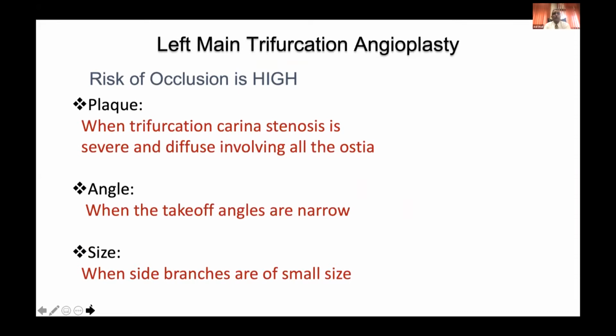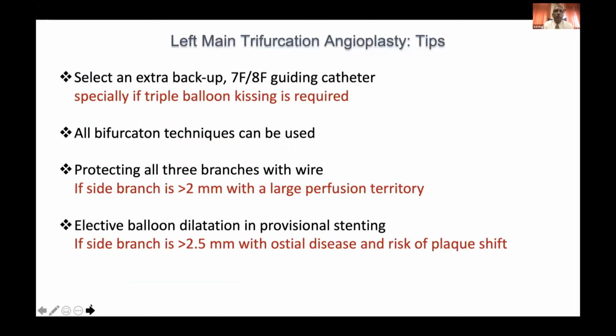And during the performance of the PCI, the angles of the left main tend to change. And this can, if it is more than 11 degrees, actually impact the outcome, because you will not do as well as it has been planned. And the size, because can you ignore one vessel, or do you have to consider all 3, which is important?